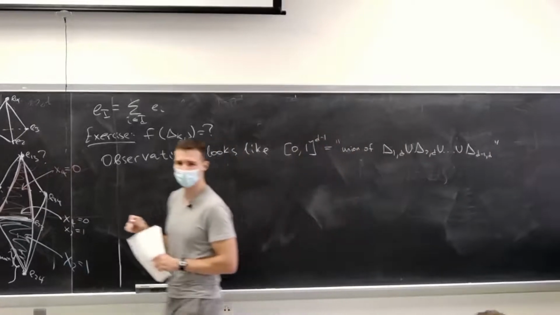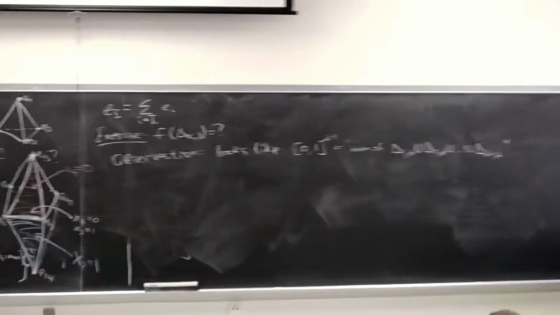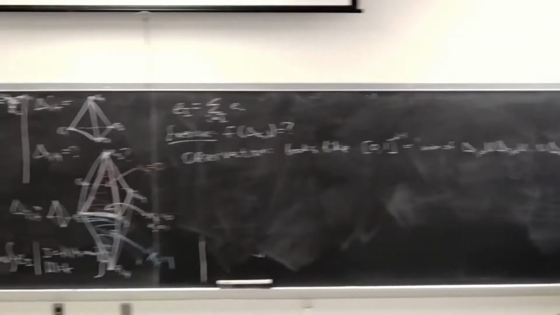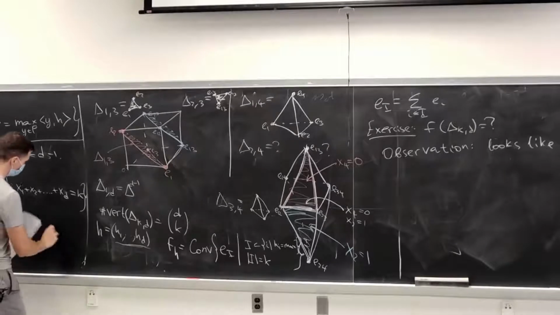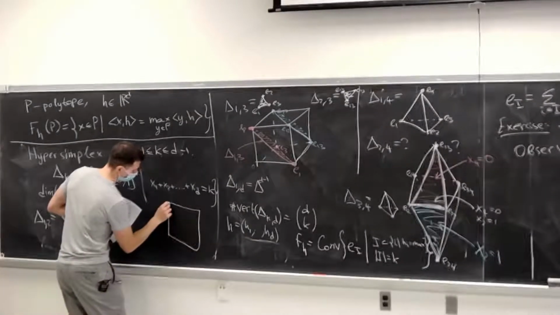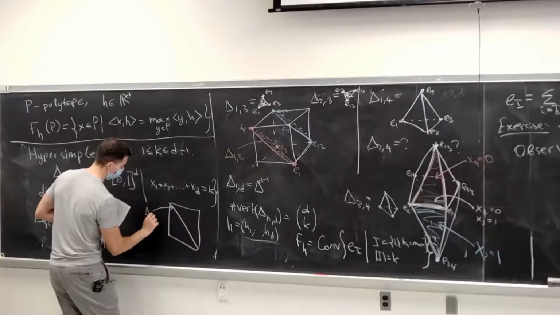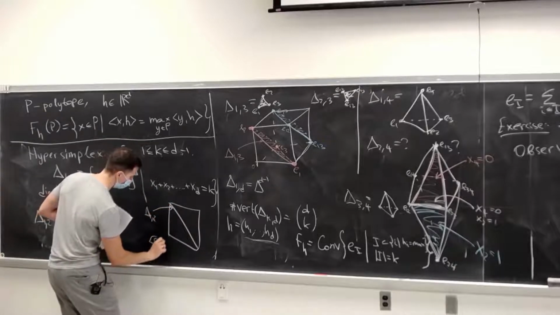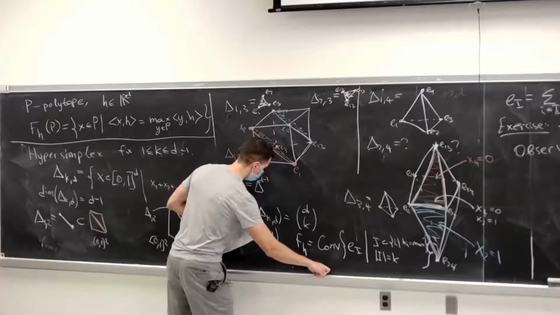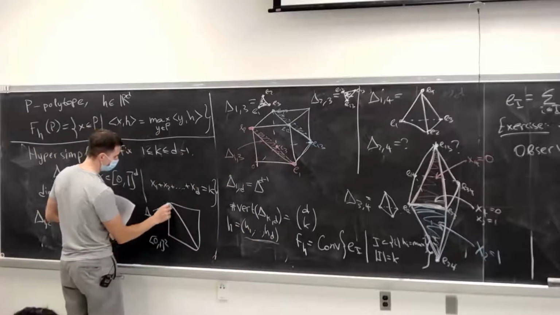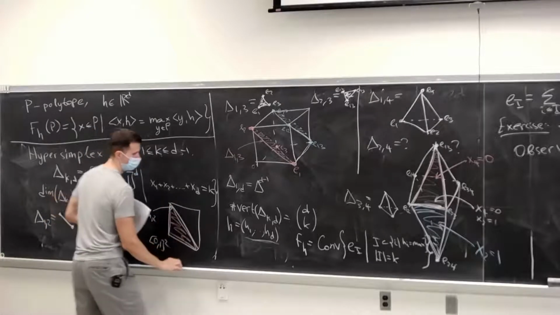I don't know if you can see that, but let me try to draw this. Let me draw the square again. Here's the square. Here's the diagonal, which is delta 1 comma 2 by the hypercube 0, 1 squared. And then somehow it's a union of two triangles, a red triangle and a blue triangle.